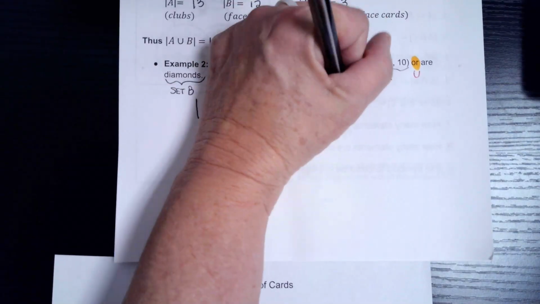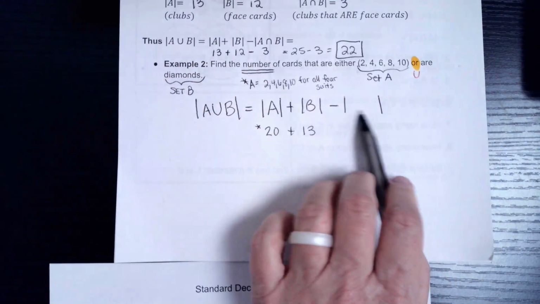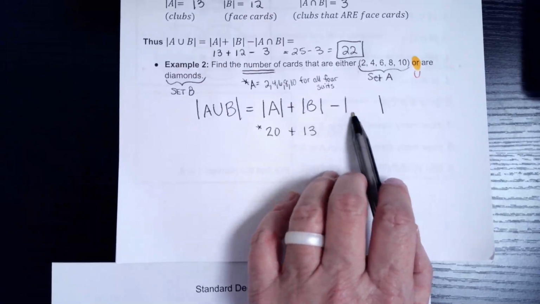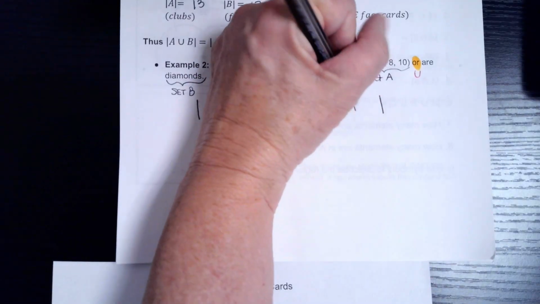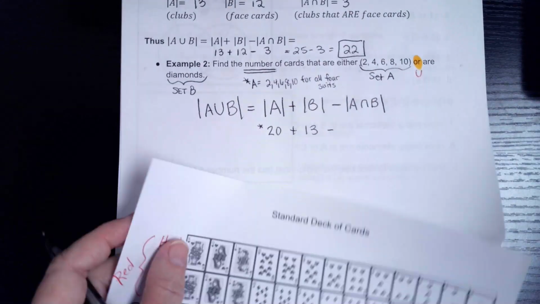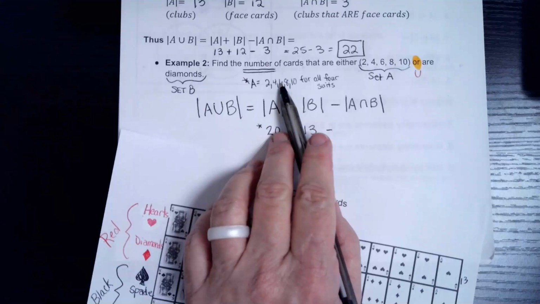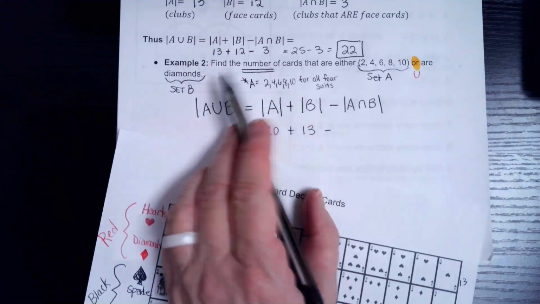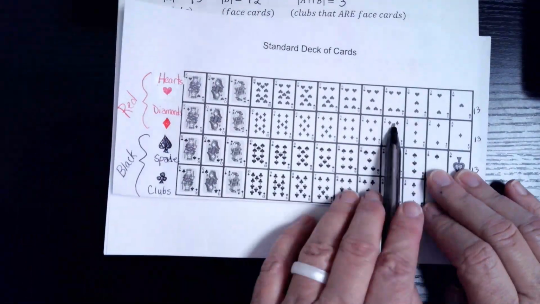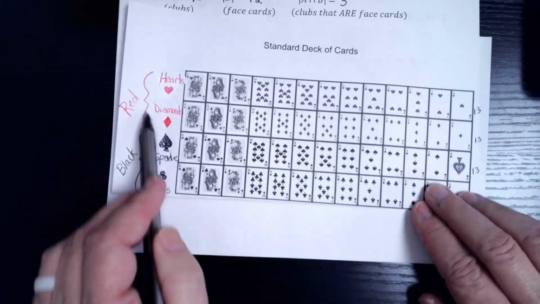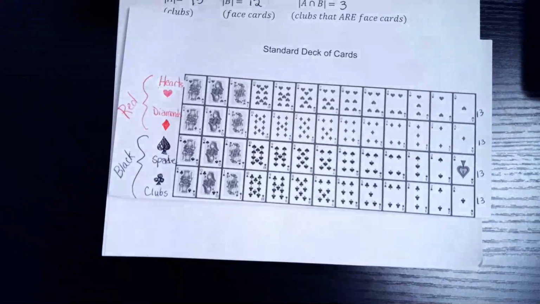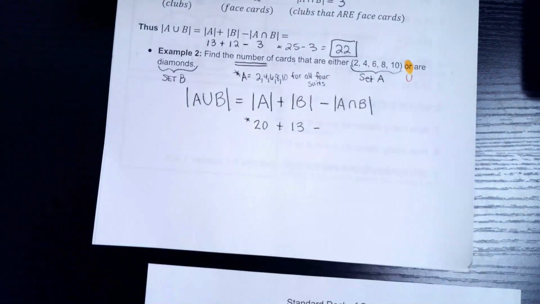Tell me set-wise, what is the intersection of A and B, which means how many of the 2, 4, 6, 8, 10s were also diamonds? 5 of them. This 2, this 4, this 6, this 8, this 10 got counted with the diamonds and got counted with the 4 separate 2, 4, 6, 8, 10s.